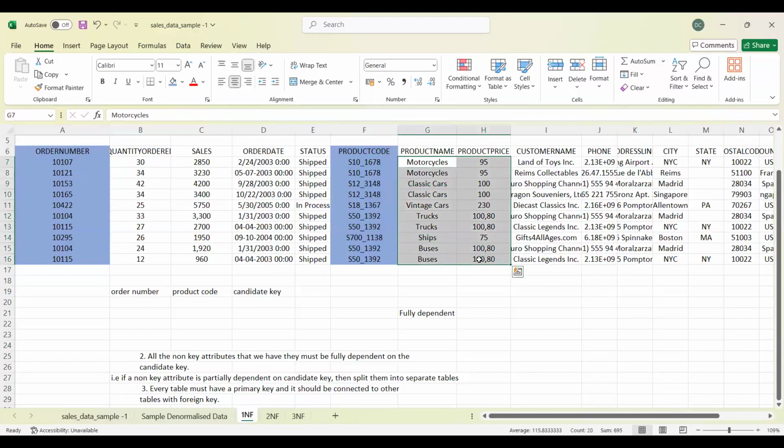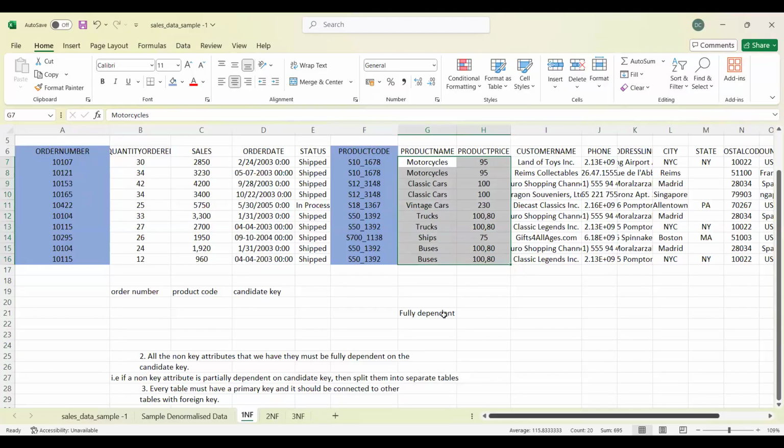This data belongs to the product code only. Product name and product price belong to this product code. So I can say these two columns are fully depending on product code, not on order number.